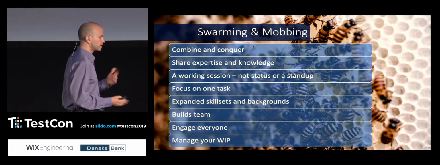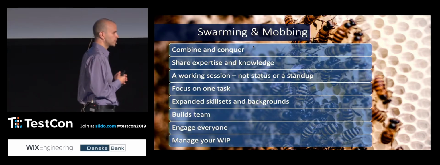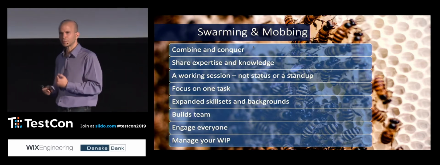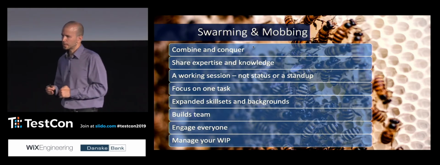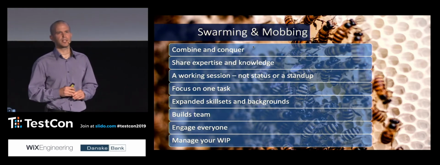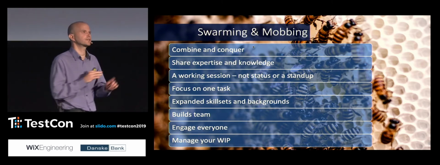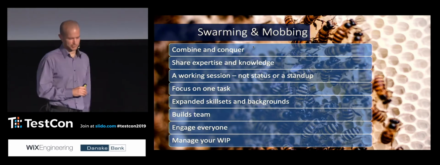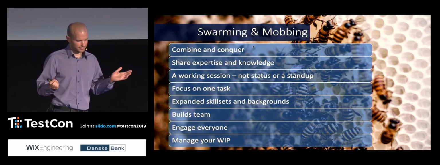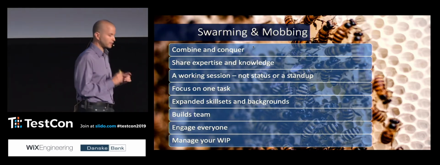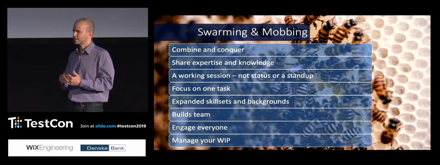And that's actually a recognized work method. It's called swarming or mobbing, where it's completely different than what a lot of people are used to. Instead of divide and conquer, it's combine and conquer.